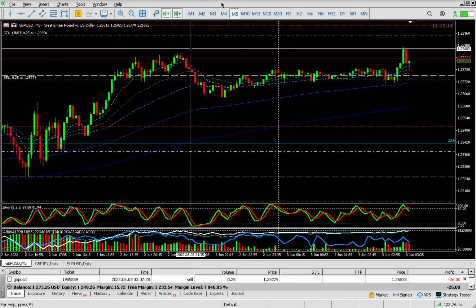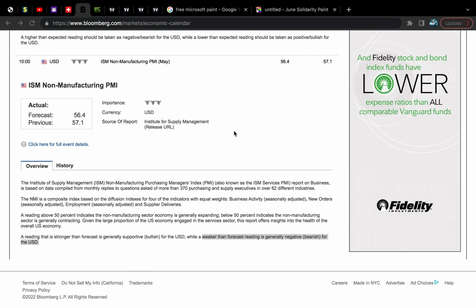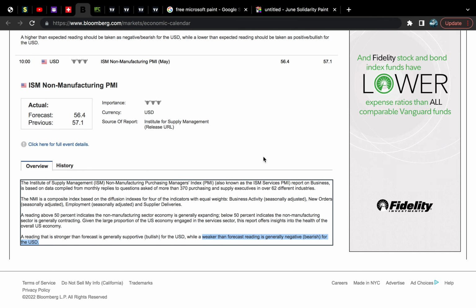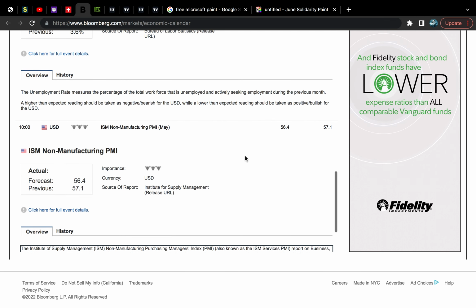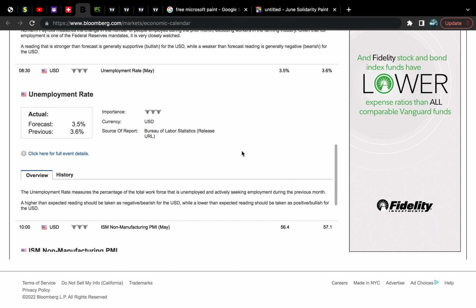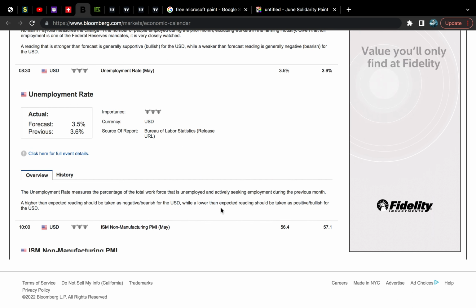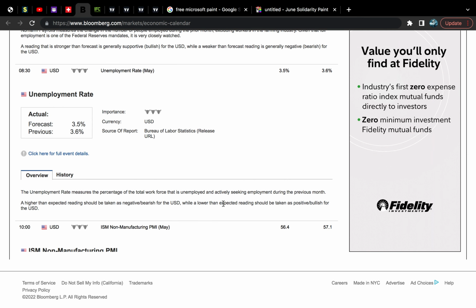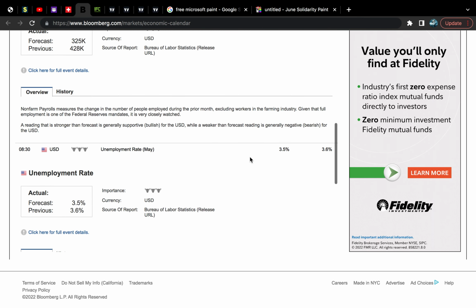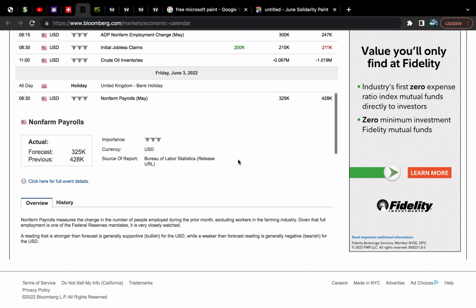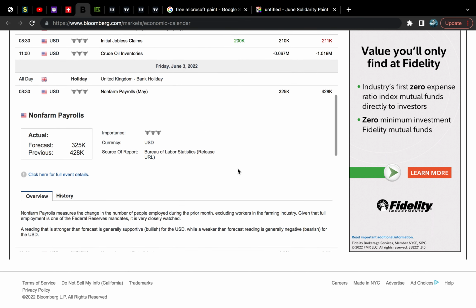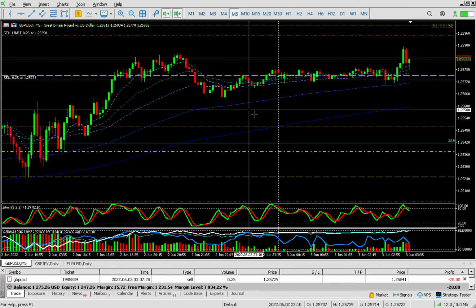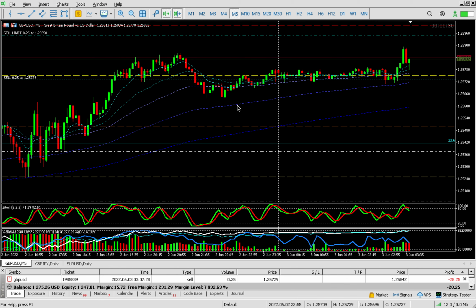So what we have is bullish for the pound dollar, bearish for the pound dollar, and bullish. So we have two pieces of bullish news potentially, and one piece of bearish news potentially.